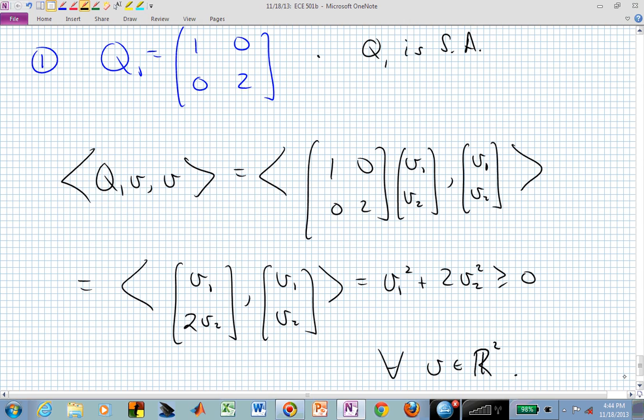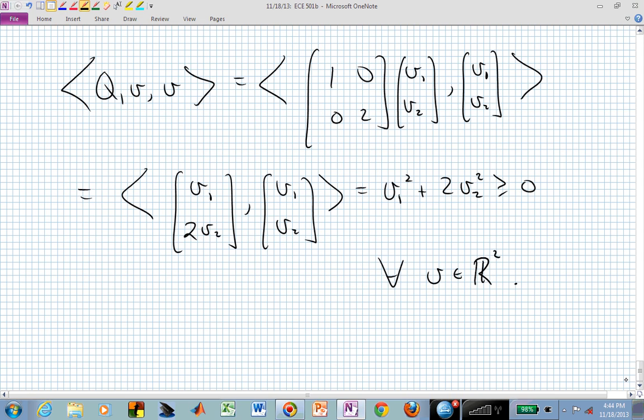Okay, so this Q1 being symmetric, it's equal to its transpose, so it's self-adjoint, and now we can compute the inner product, and that gives us this quantity of coordinates squared weighted by that structure of Q1. And it's pretty clear how they are weighted based on the structure of Q1.